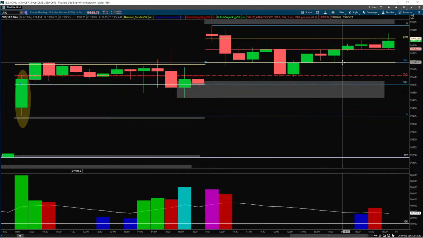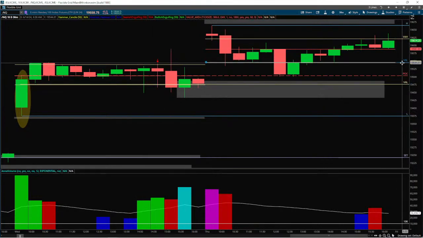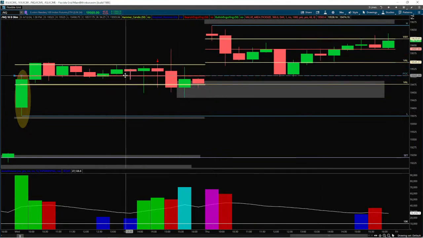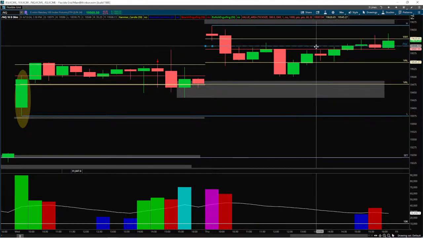This one here, I don't have any indicators on this. Okay, we'll see what it looks like when I turn on the bounce right off point of control. That's okay.